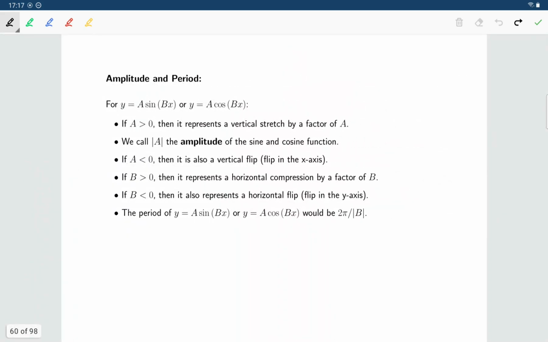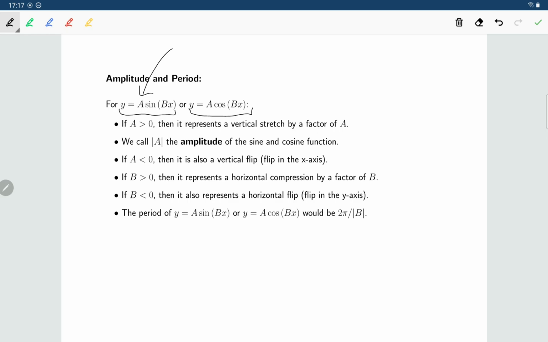All right, so we're going to start talking about transformations of our trig functions, transformations of sine and cosine and all the rest. And when we do, we have some special terminology here. So if you're looking at, as we've defined these functions, y = a sin(bx) or a cos(bx), we know that a would be a vertical stretch.